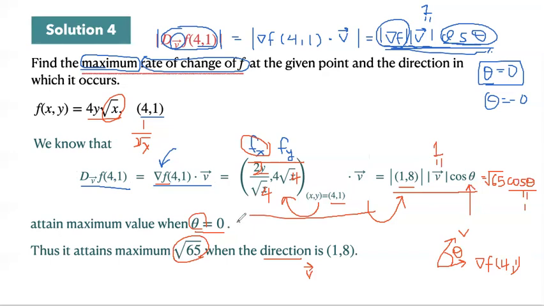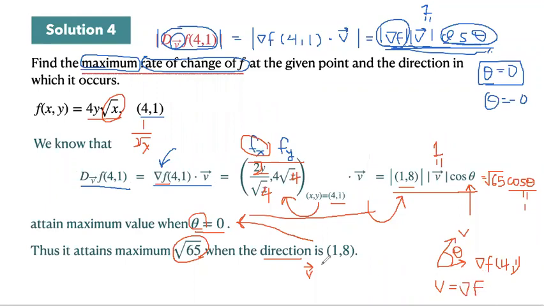Then we know that the maximum is attained when theta equals 0, which means that this direction v is parallel to the gradient f direction. Actually, it is the same as the gradient f direction, okay?